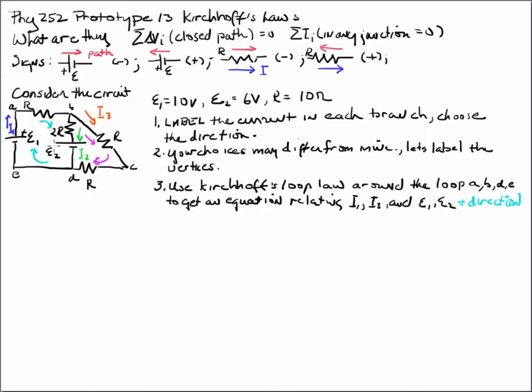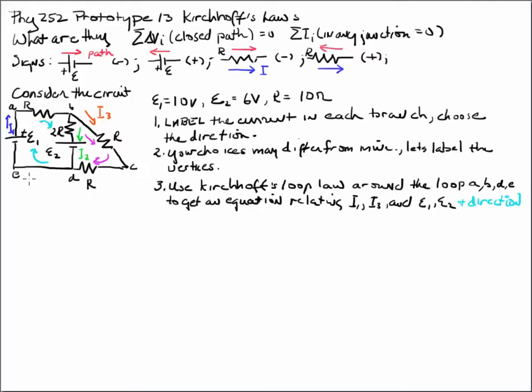Okay. So I label vertices A, B, C, D, and E. And what I want you to do is use Kirchhoff's loop law around the loop A, B, C, D, E back to A to get an equation relating I1 and I2 and EMF1 and EMF2.